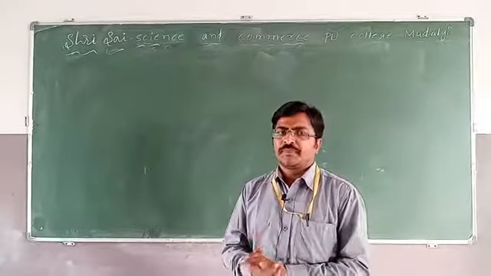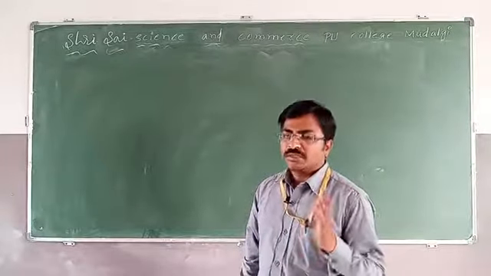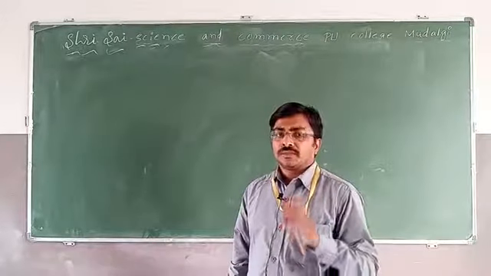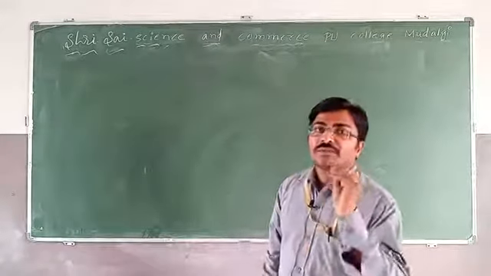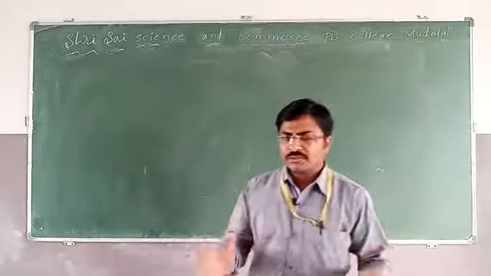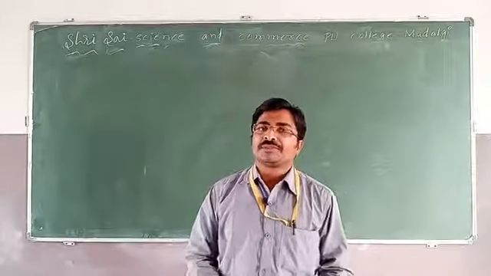We also discussed that the Oersted experiment tells us about the presence of the magnetic field and the source of the magnetic field, and it gives the direction of the magnetic field. We discussed all these things, and also we discussed magnetic force.